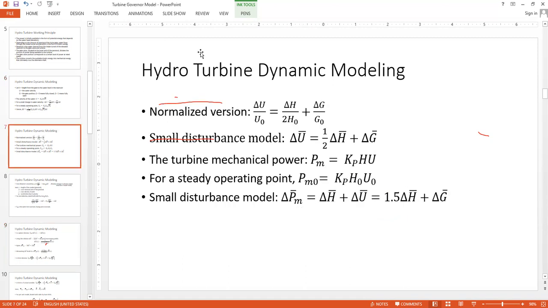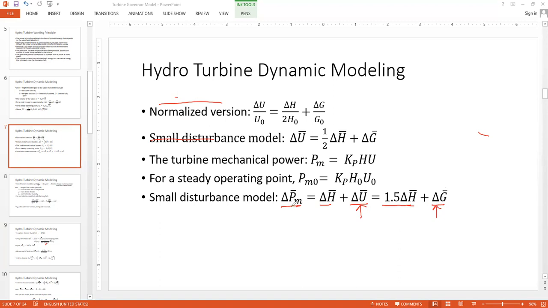Del pm is 1.5 del h plus del g, and of course you can relate del h here with del h and del u, and here with del h and del g. You can also do it the other way around, like del g and del u. All the same.